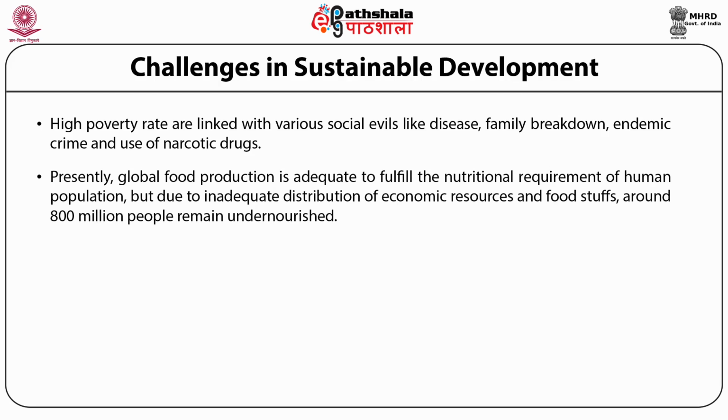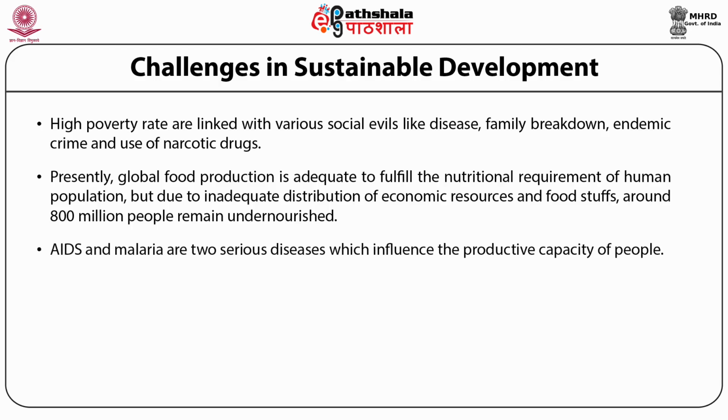Presently, global food production is adequate to fulfill the nutritional requirement of the human population, but due to inadequate distribution of economic resources and foodstuffs, around 800 million people remain undernourished.